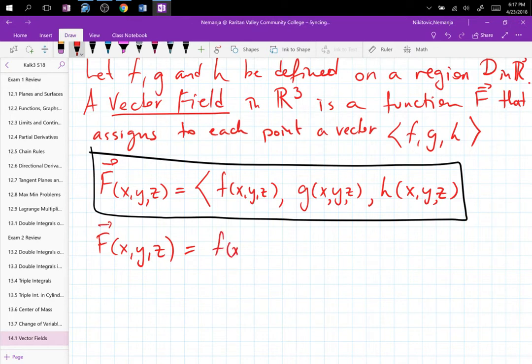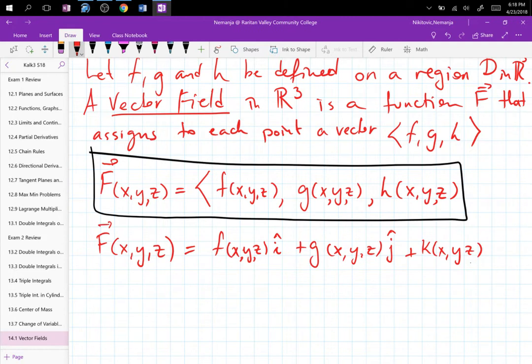So we have f of xyz i with a hat plus g of xyz j with a hat plus h of xyz k with a hat. Supposed to be h in front. Okay, there we go.